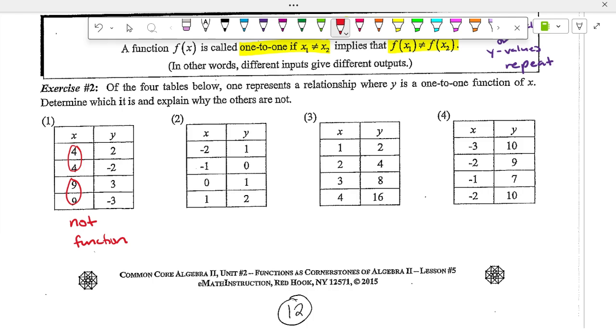Yes. None of the x values repeat. But what makes it not 1-to-1? Two of the y values repeat. So the 1 and 1 of the y values, those repeated. So it is a function, but not 1-to-1.